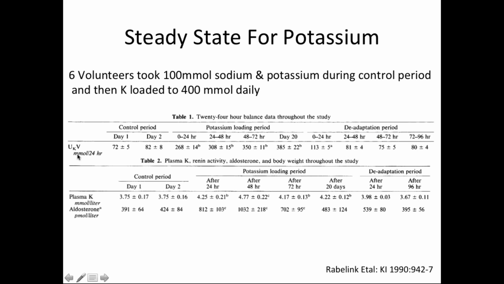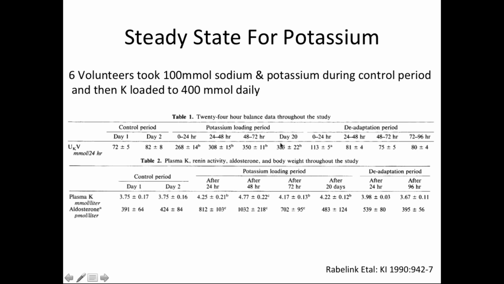And what it shows is that in the control period, the potassium excretion was 70 to 80. During the first 3 days, the potassium excretion increases, reaches it by 2 to 3 days, and then maintains it by day 20 at almost 400 millimoles, which is what their intake is.